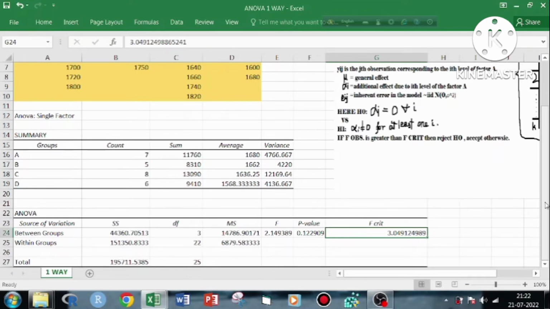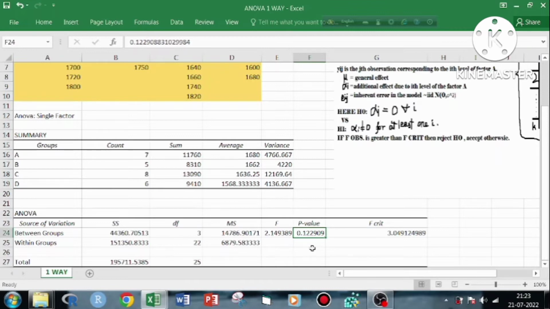Now this interpretation could be done in another way using the p-value. Our level of significance is 0.05, and the observed p-value is 0.12, which is greater than 0.05, and thus we fail to reject the null. That is, we have to accept the null, because the lesser the p-value, I repeat, the lesser the p-value, the greater the evidence of rejecting the null.